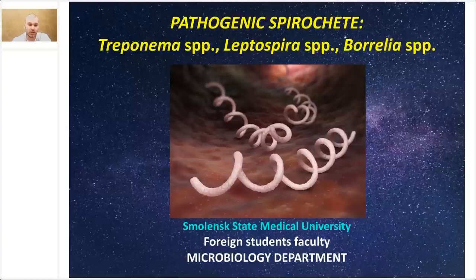We have a biological method of cultivation, but again it takes a lot of time because of the long multiplication of bacteria. The bacteriological or microbiological method is usually not used for diagnosis of the diseases, and we will discuss further which methods are applied for identification of those bacteria.